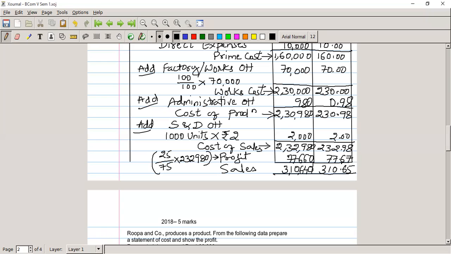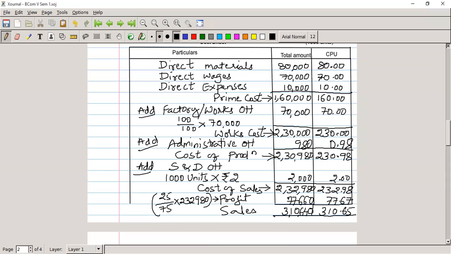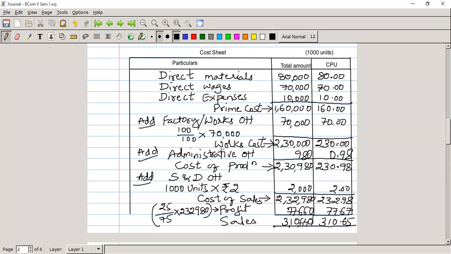So this is how we arrive at the profit figure. This is the format of cost sheet, and we have prepared the cost sheet.